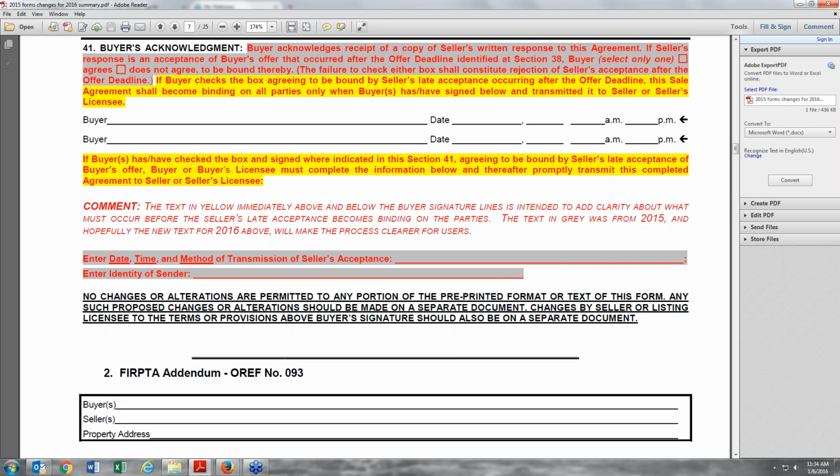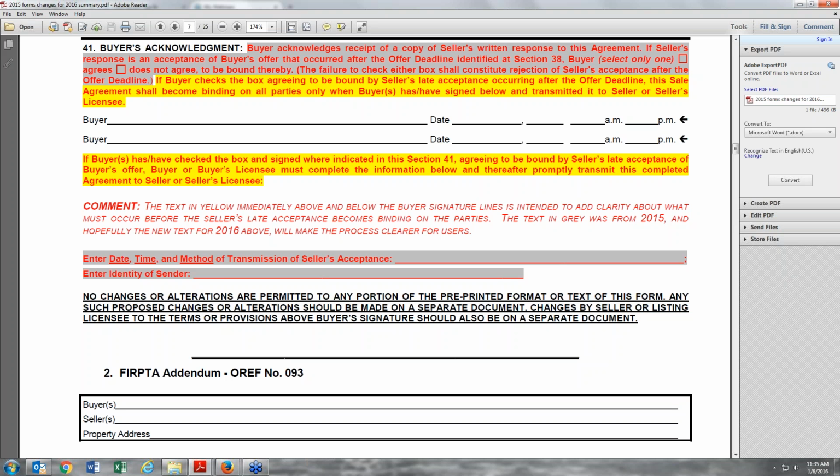That is to say, if you didn't say anything to the seller, then the seller wouldn't know whether or not this transaction had been resurrected after the belated acceptance. And so we're saying now that the buyer has got to not only indicate that they're willing to accept the belated acceptance, but also to transmit that back. So we now have a binding contract.